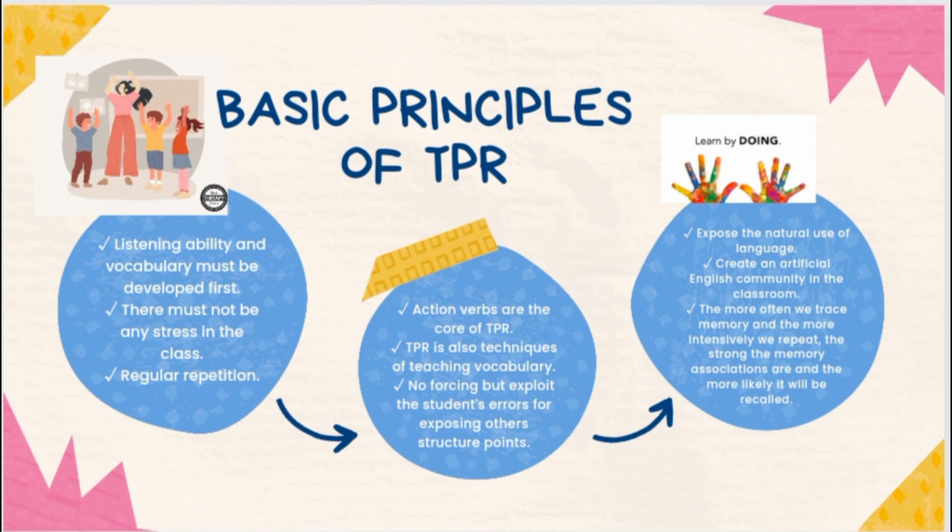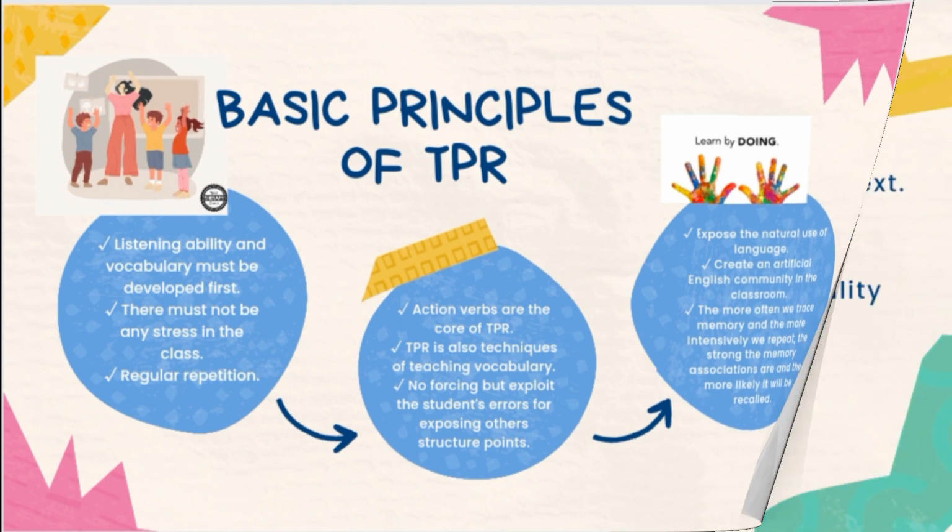No forcing, but exploit the students' errors for exposing other structure points. Expose the natural use of language. Create an artificial English community in the classroom. The more often we trace memory and the more intensively we repeat, the stronger the memory associations are, and the more likely it will be recalled.